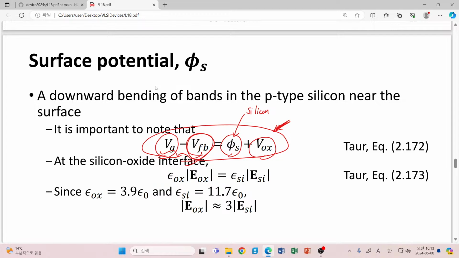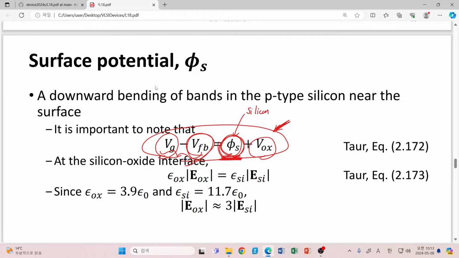If we have just a metal substrate, then this bending due to the substrate will not happen. However, since we are working with p-type silicon, which is not very good at neutralizing the electric field, fortunately we have bending here.